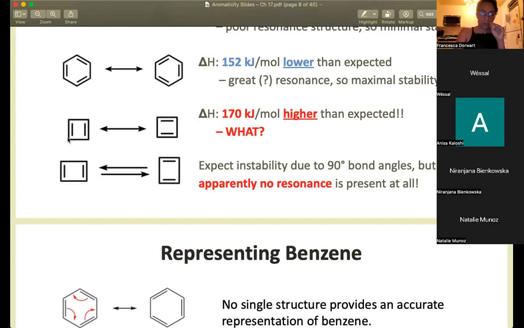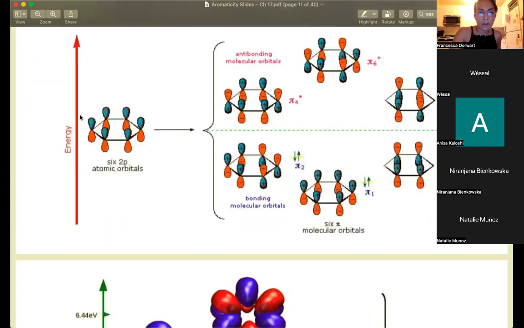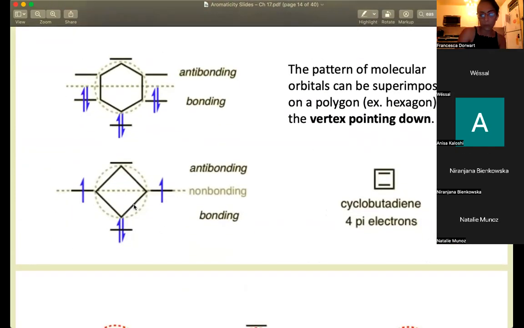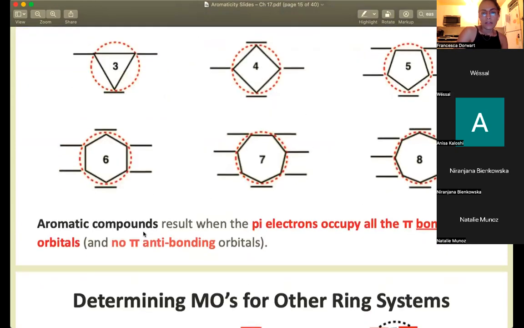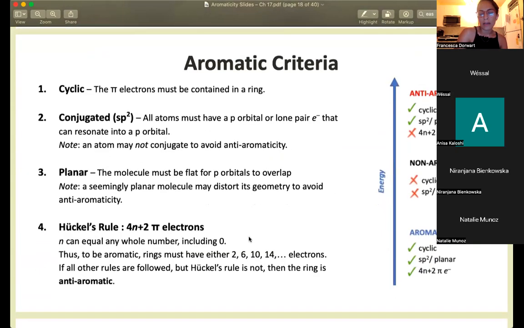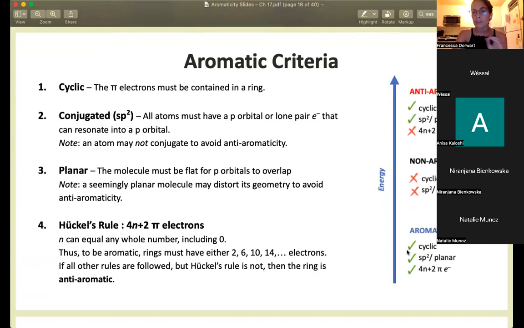For a 4-membered ring with 2 pi bonds, we only have 1 bonding MO, which we know from looking at the Frost circles, where we rotate the shape, put the vertex on a point, and we have 1 bonding MO, okay? That's it.